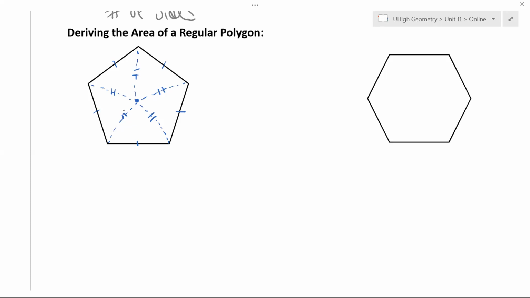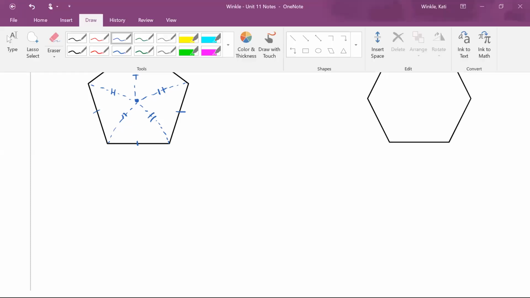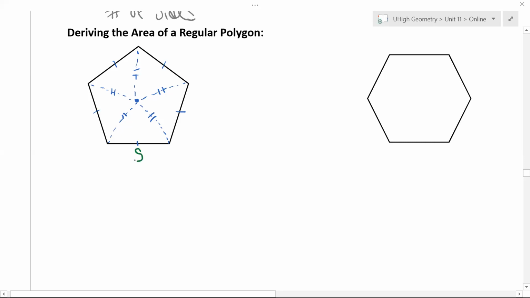Well, in order to do that, I'm going to need to know what my side length is, and I'm going to need to know what my height is. Well, the height of this triangle is a segment from the center perpendicular to one of my bases. And if we remember from yesterday, this is what we also call our apothem.